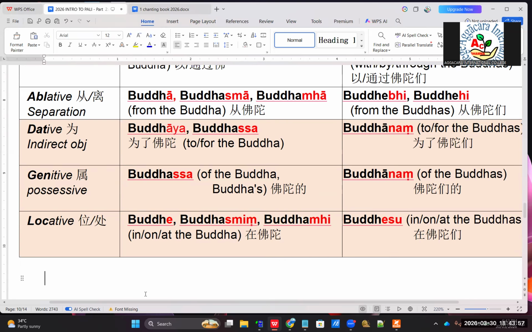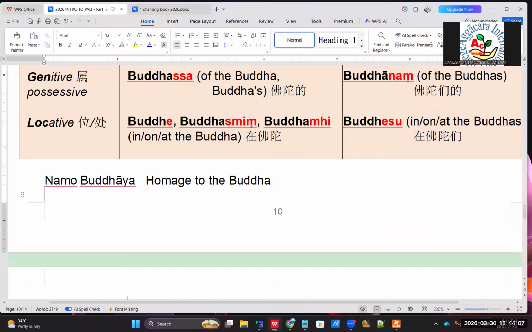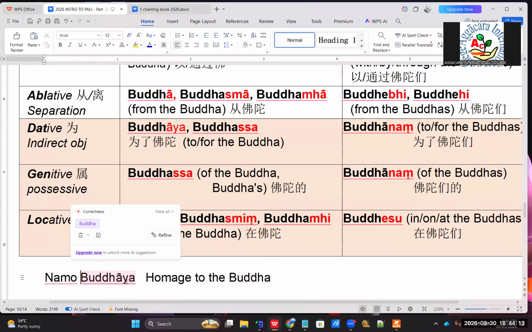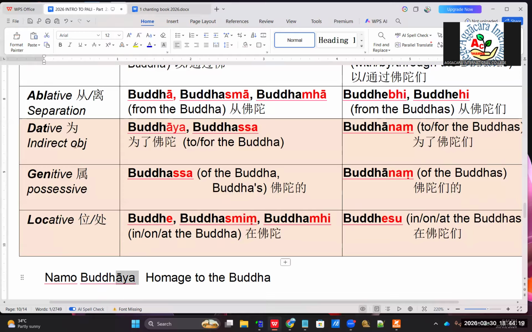I write down here. Homage to the Buddha. Namo is homage. Aya is to the Buddha. So this Aya means to the Buddha.